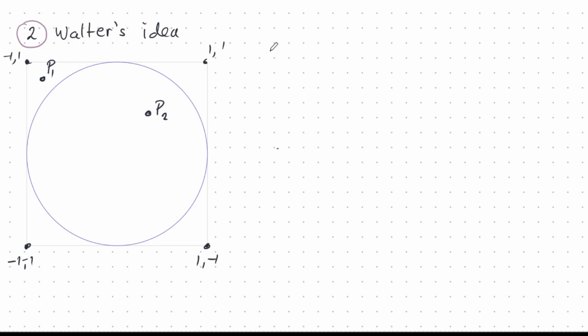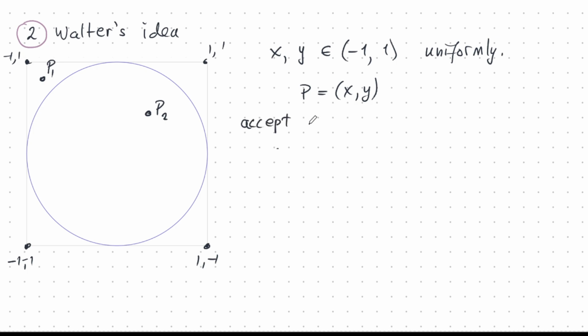How are these points generated? Well, choose X and Y randomly from -1 to 1 and uniformly. There, that should be good enough. Your point is Pxy. And so we accept P if the square root of x squared plus y squared is less than 1.